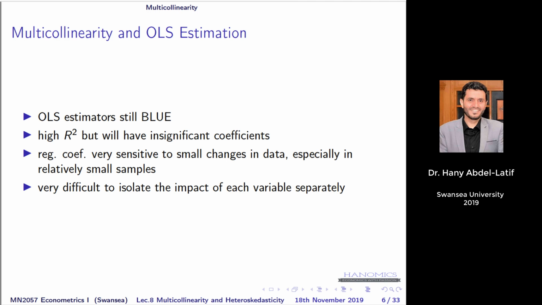And we make this distinction between perfect multicollinearity and imperfect multicollinearity. With perfect multicollinearity, we said it's very rare, so you're not going to encounter this very often in a real situation, because it is likely to happen only by error or by mistake.